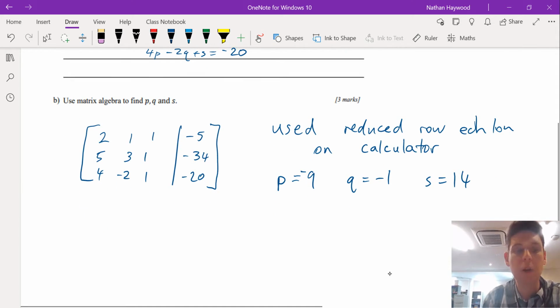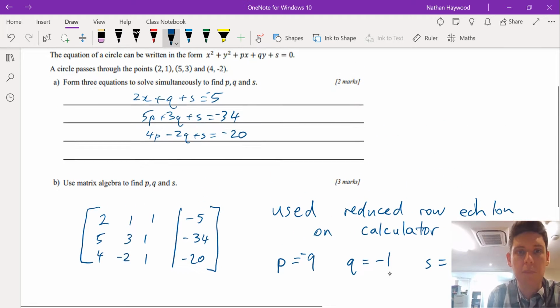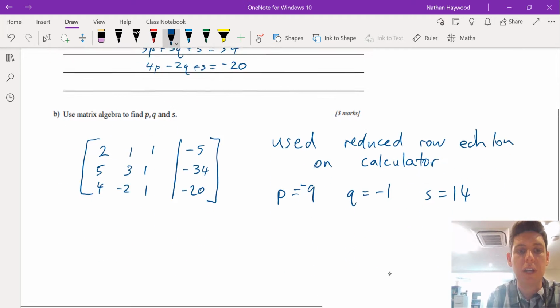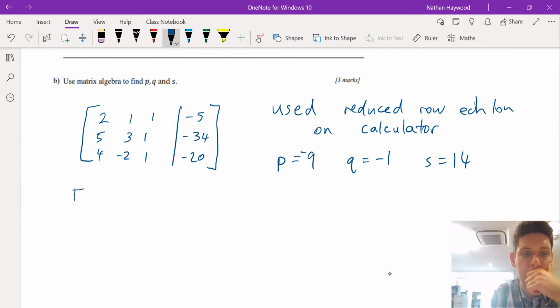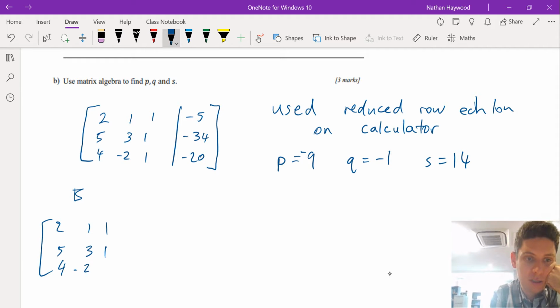Now you could also do it this way. Let's make all the coefficients of the equations this matrix called B. Like that.